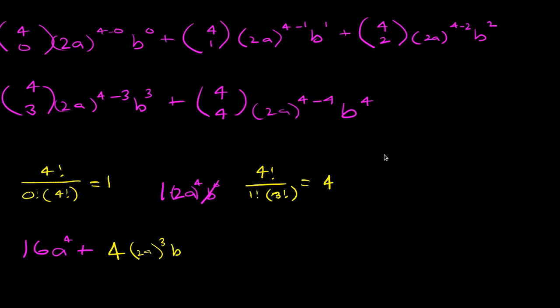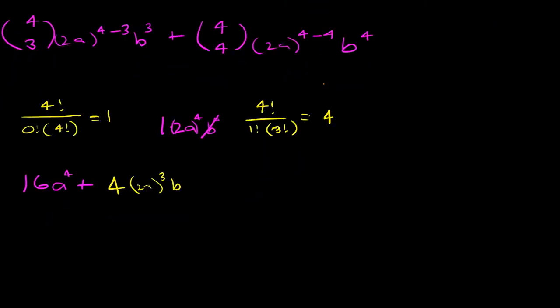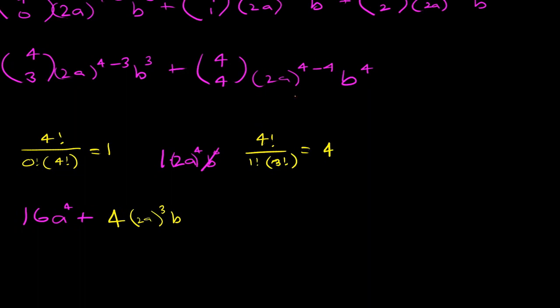And now you have 4 choose 2, which is 4 factorial over 2 factorial times 2 factorial. Alright, well, the top is 24, the bottom is 4, meaning you have 6.